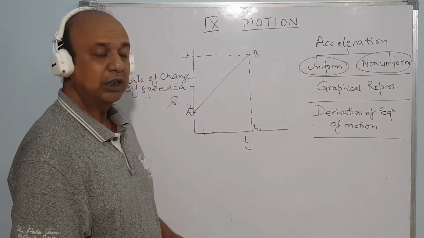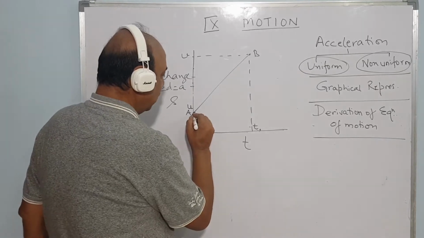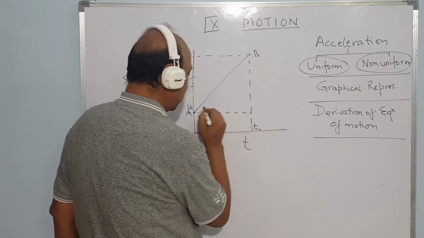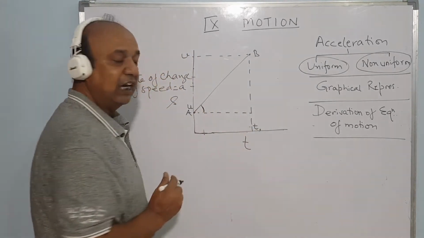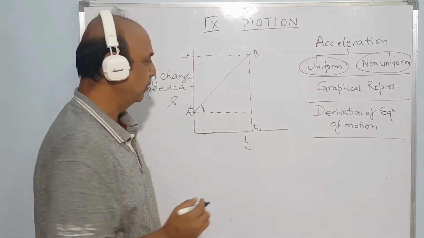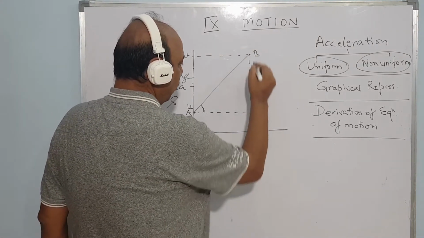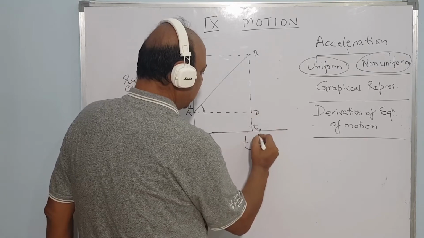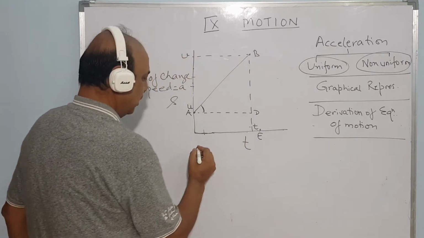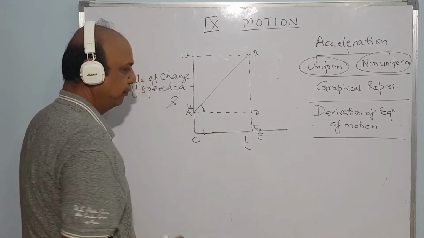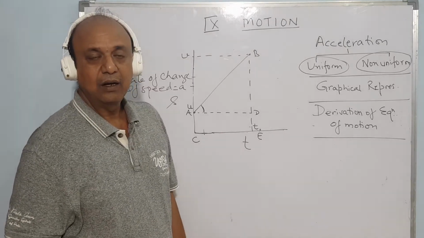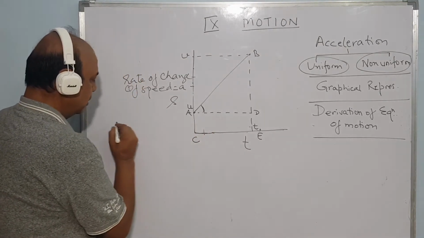Now, the slope or the angle of this line gives me acceleration. If I call this D and this E, and this is C, then what is the slope?